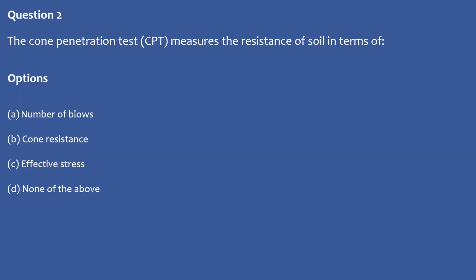Moving to question number 2, the cone penetration test measures the resistance of the soil. So in what terms does the CPT basically measure the resistance of the soil?